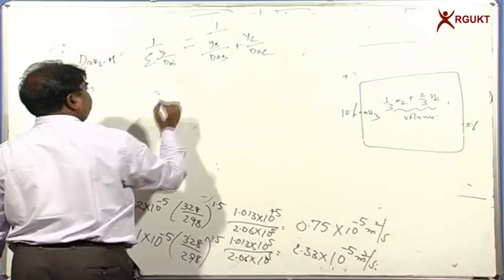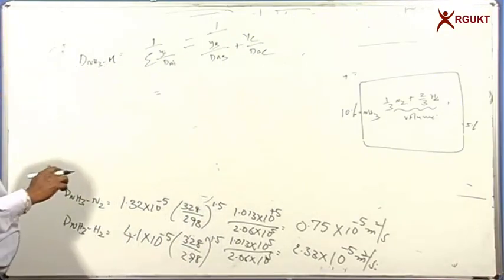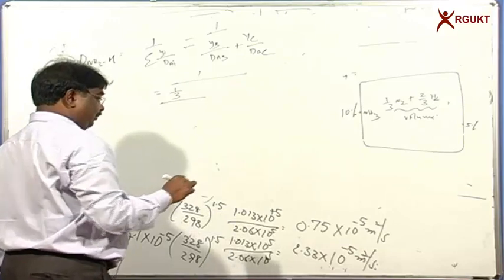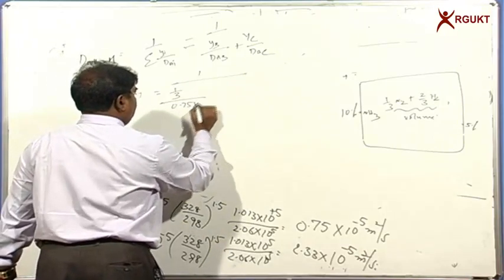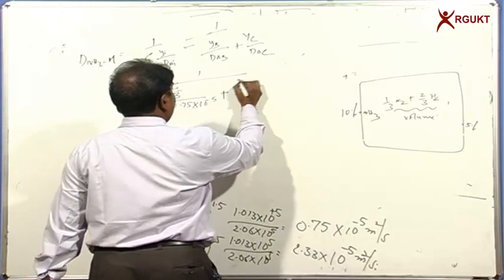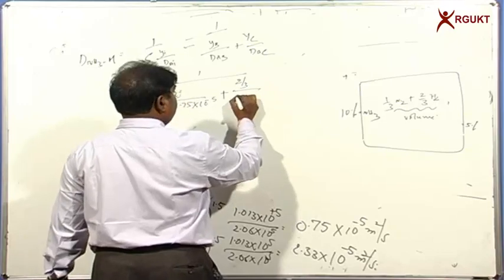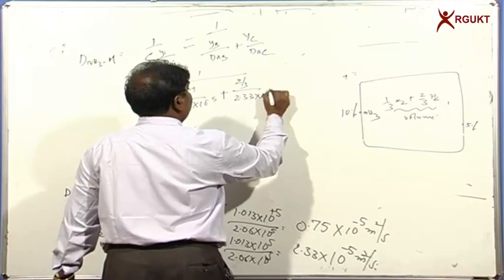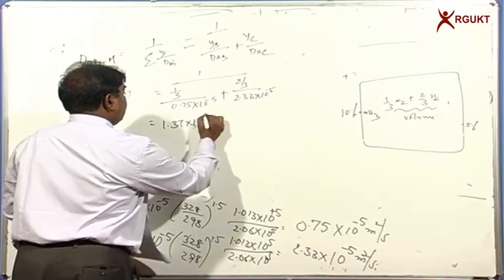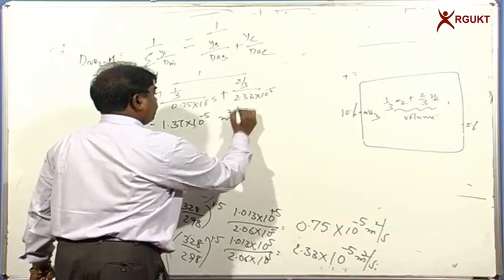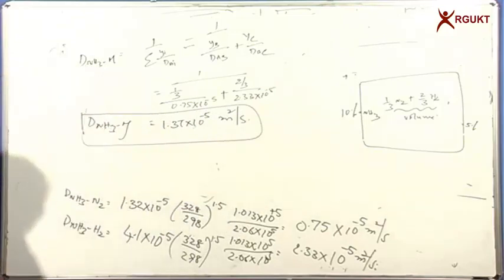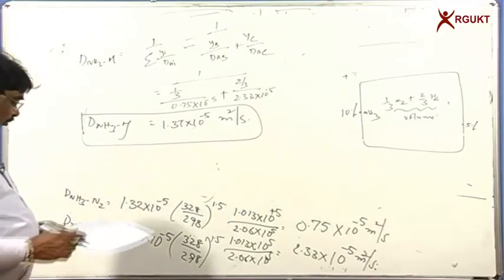If you take B as nitrogen, C as hydrogen, 1 by 1/3 of 0.75 into 10 power minus 5 plus 2 by 3 of 2.33 into 10 power minus 5, this is going to become 1.37 into 10 power minus 5 meter square per second. So the diffusion coefficient of ammonia in the multi-component mixture is 1.37 into 10 power minus 5.